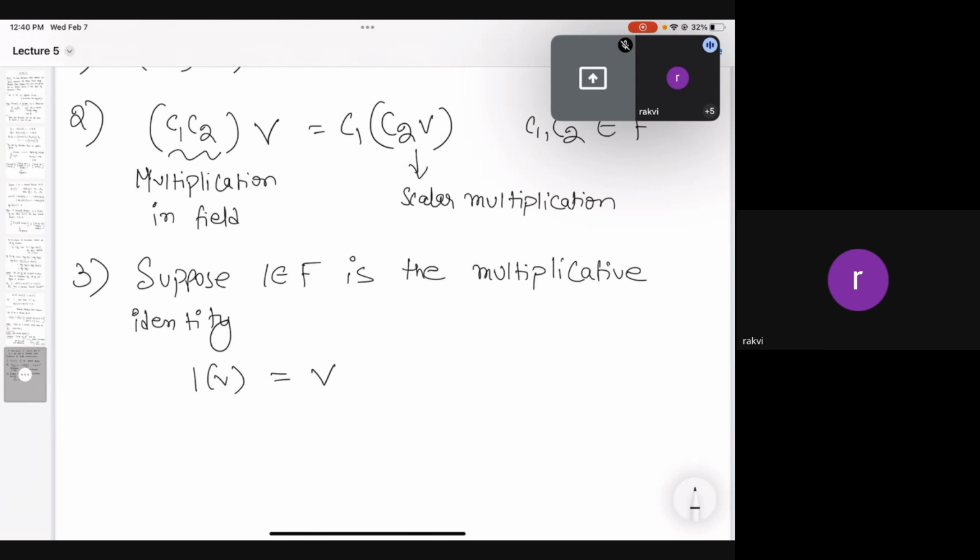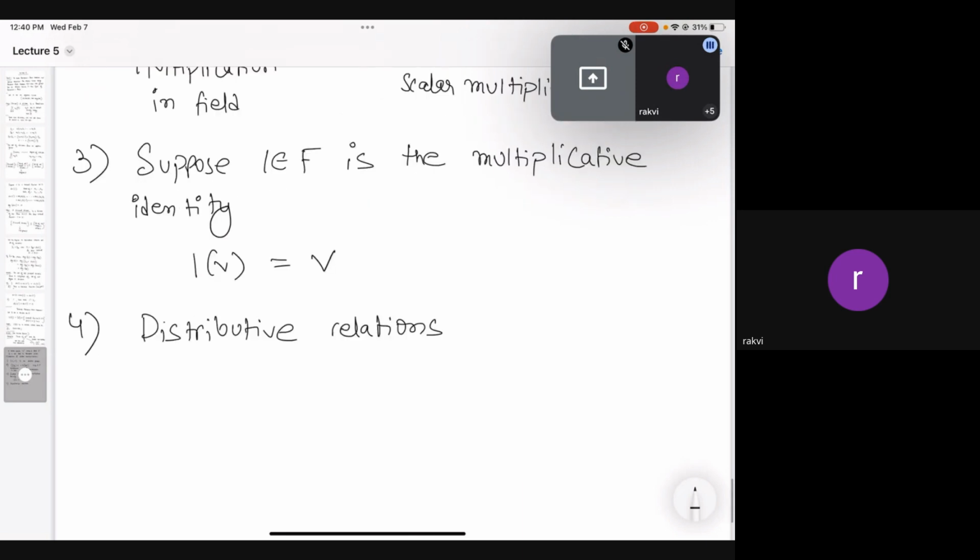And then, like we had for fields, we had addition and multiplication, and there was some relation between those two things to make the two operations compatible, and that compatibility is what is called distributivity. Similarly we have distributive relations here, because we have two operations and these two operations must interact in some way. They should be compatible.